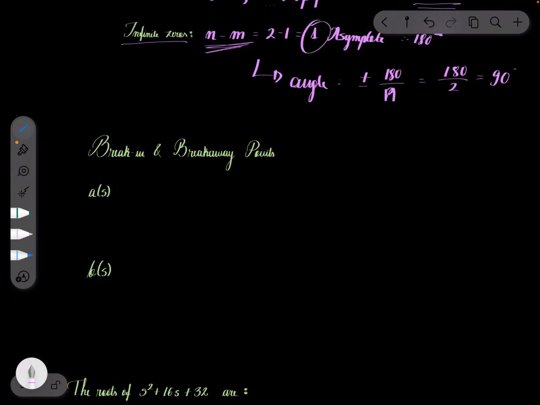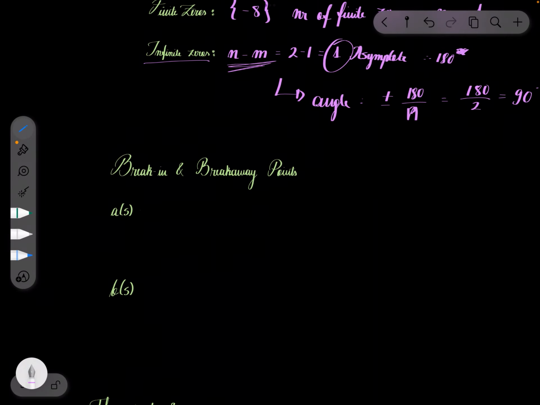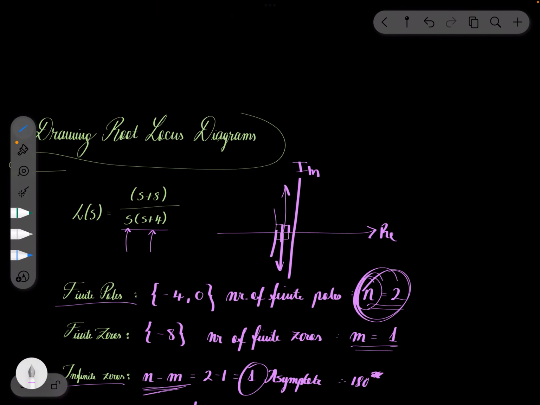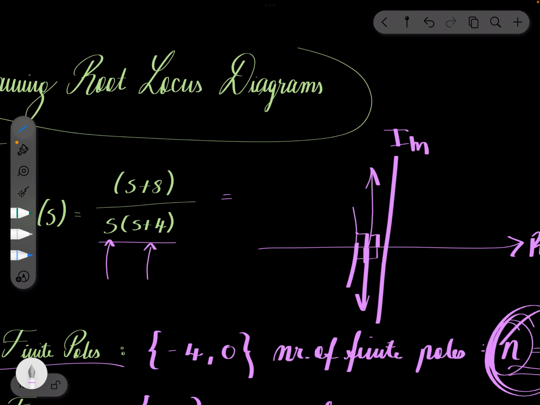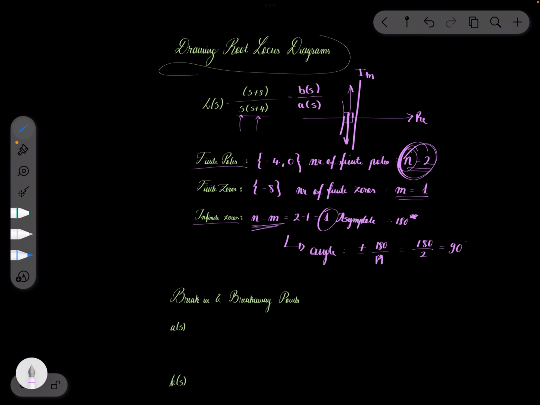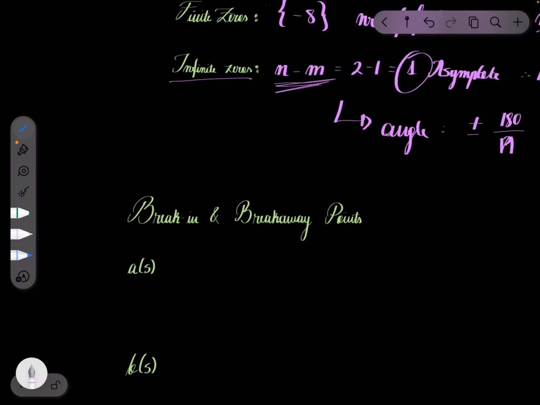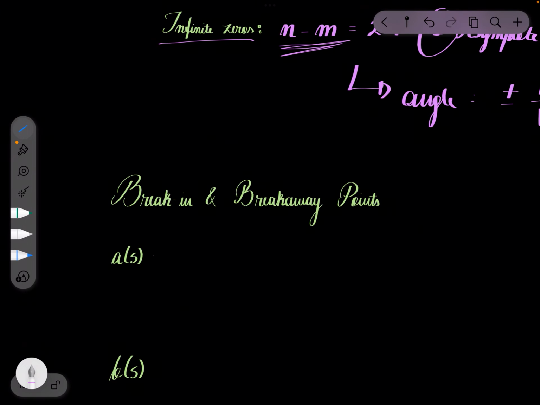Okay, next up, we need to find the break-in and breakaway points. So, I've written A of s and B of s, but what are these? Going back here, B of s we denote as the numerator and A of s as the denominator. So, we're looking first at A of s, the denominator.